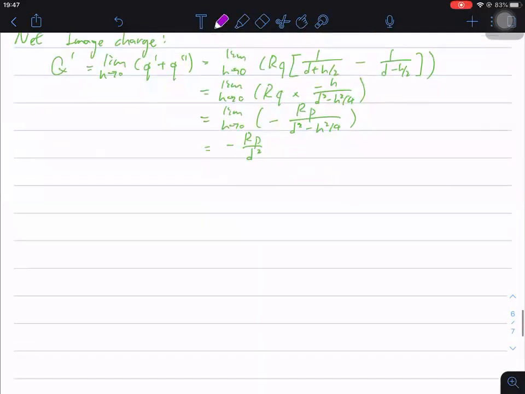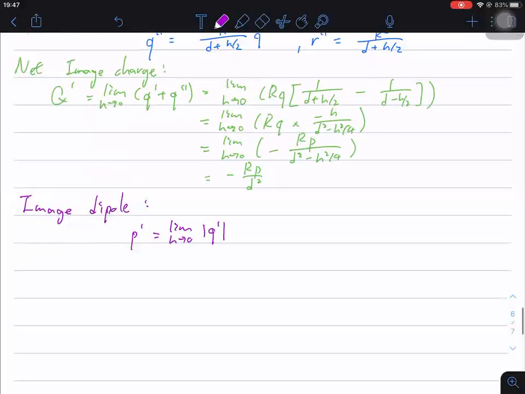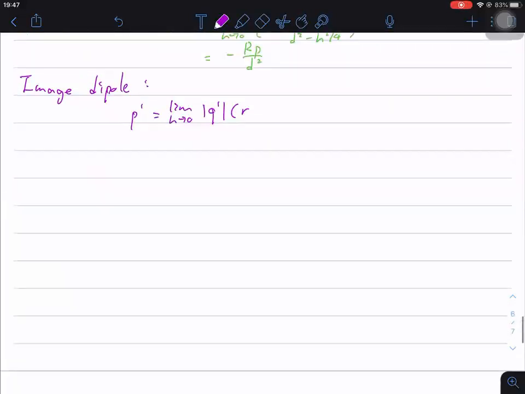And for the image dipole moment, the form is quite similar. The setup is quite similar as well. So we consider the charge Q prime multiplied by the distance between Q prime and Q double prime, so R prime minus R double prime.